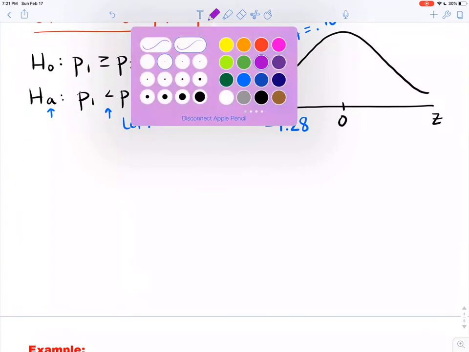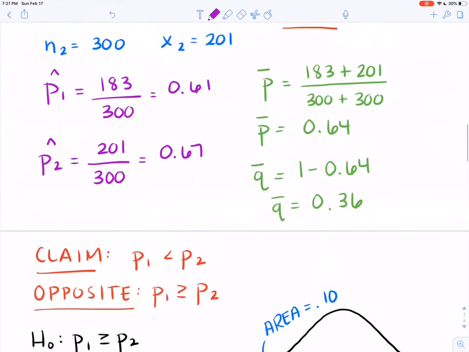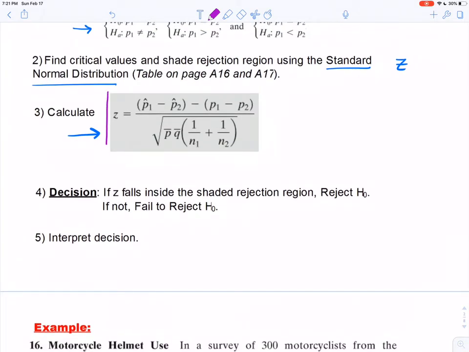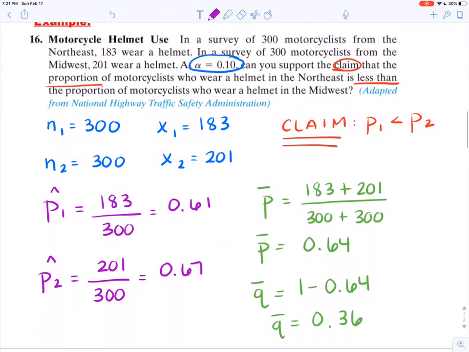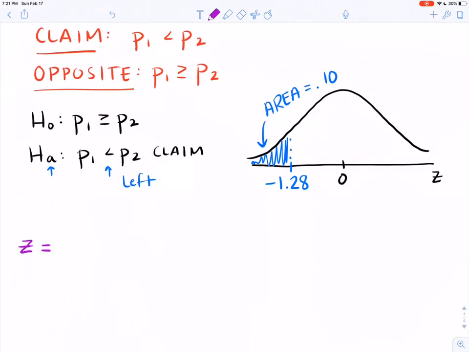All right, now at this point, I'm going to calculate my standardized test statistic that I'll use to make my decision. Now, just to let you know what I'm evaluating, I'm going to be plugging into this formula right here. I've already calculated everything that I need, and we are going to be testing against a difference of 0. So basically in the numerator, all I'm going to have is the difference between the sample proportions. All right, so here's all my information. My sample proportions are 0.61 and 0.67.